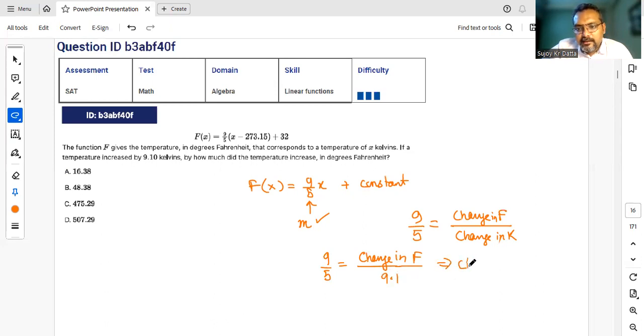Now the change in Fahrenheit would therefore be 9 times 9.1 over 5, which is almost 9 nines are 81. 81 over 5. 80 over 5 would be around 16, right? So approximately it is 80 over 5, which is around 16. The closest option is option A. That's your answer.